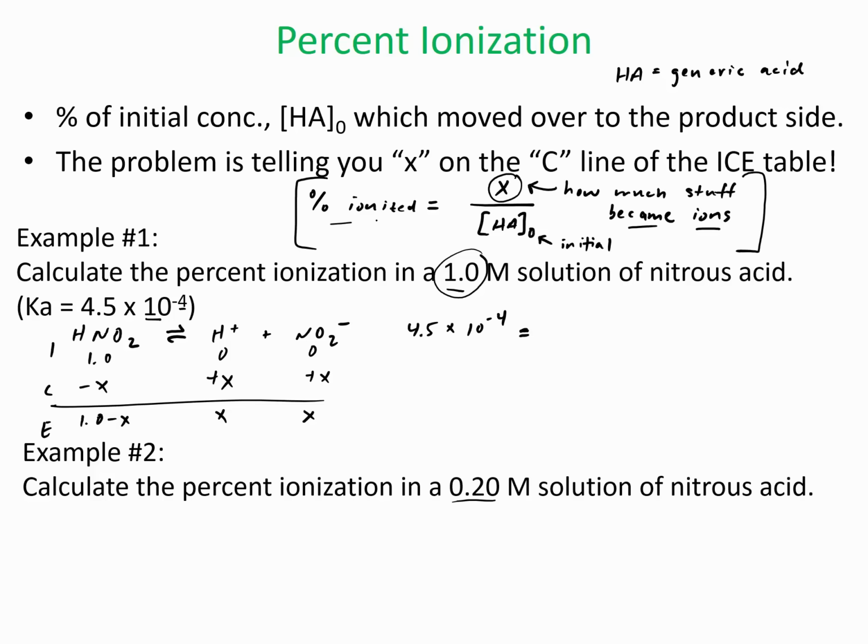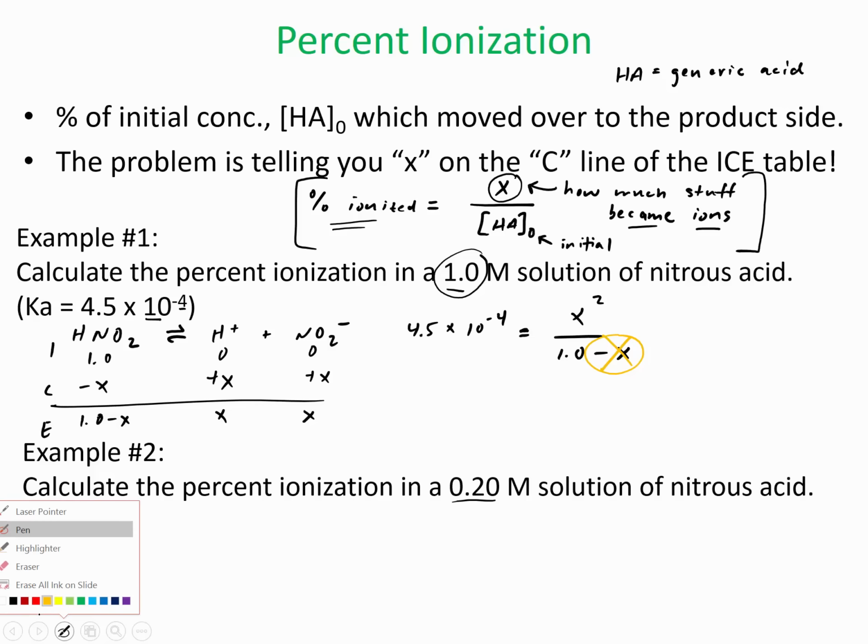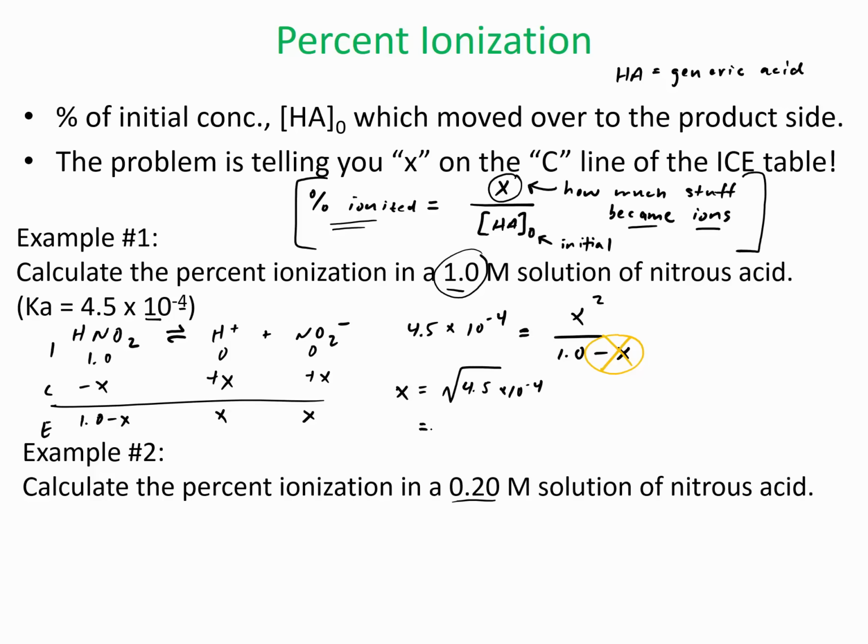If the percent ionized is greater than 5%, then I need to go back and do this problem using the graphing method or the quadratic formula. So this is going to be X squared over 1.0 minus X, and I'm going to assume that X is negligible compared to the 1.0. And so my X will be the square root of 4.5 times 10 to the negative fourth. For this I get 2.1 times 10 to the negative second molar.